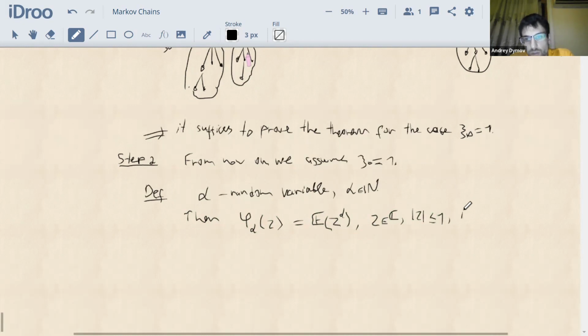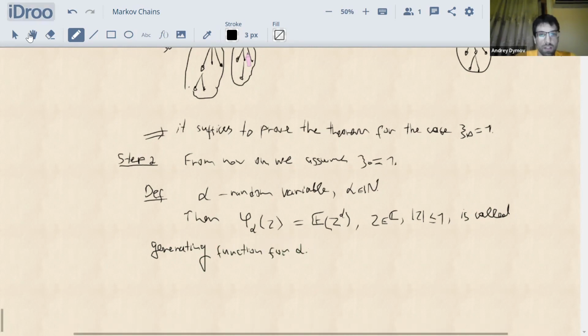And this function is called the generating function for the random variable alpha.